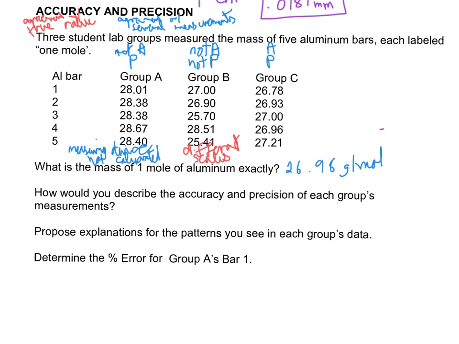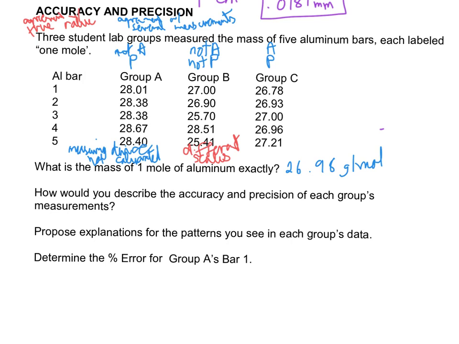For example, let's say you have a hydrate, and you want to mass it, then drive off the water, and then mass it again. You have to use the same balance for the initial and the final mass. Or if you're doing a lab where the temperature is changing, you can't use one thermometer for the initial temperature and then another thermometer for the final temperature. You have to use the same thermometer for both. So you always want to use the same scale or the same thermometer or the same piece of equipment throughout the experiment.